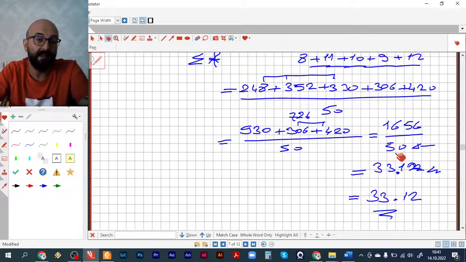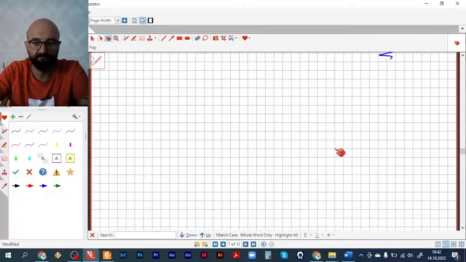So I checked my process, and I noticed that I divided 1656 by 5, but it should be divided by 50, and we could find 33.12. This is the true result.